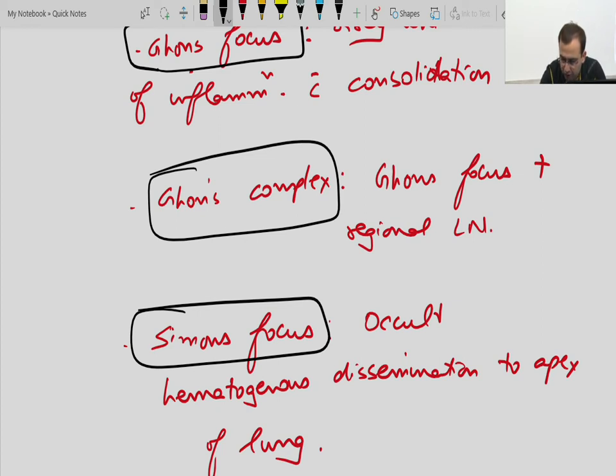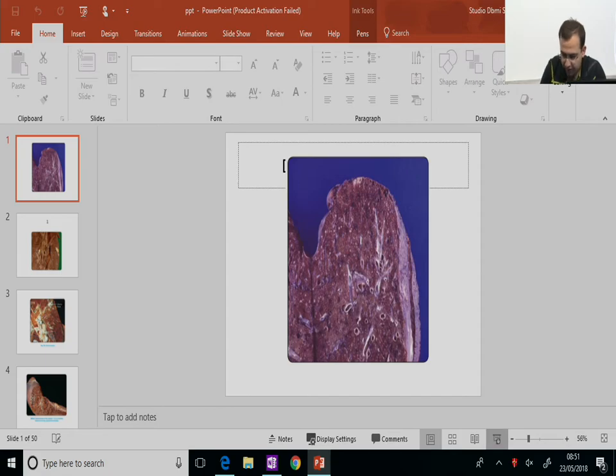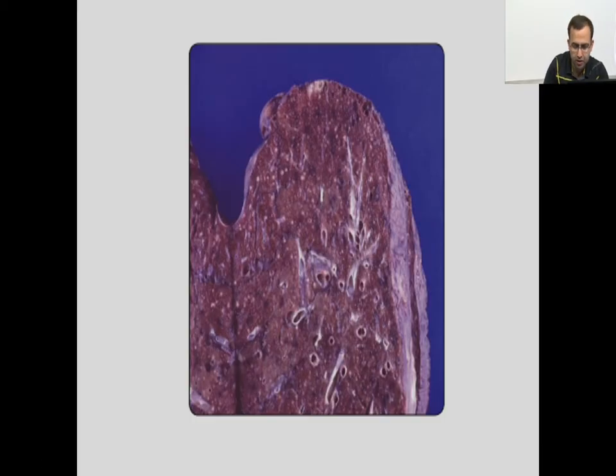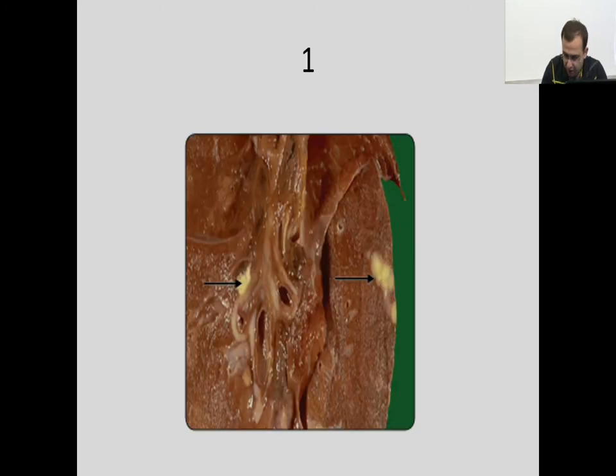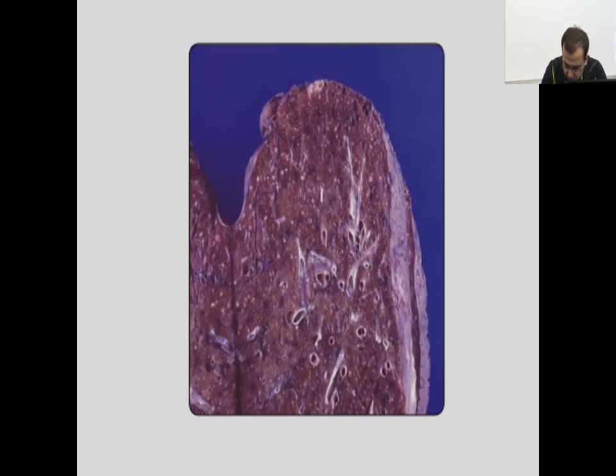Before we go further, let us see what they look like microscopically. This was miliary TB. It showed scattered granulomas present all throughout. Next, this is Ghon's focus.